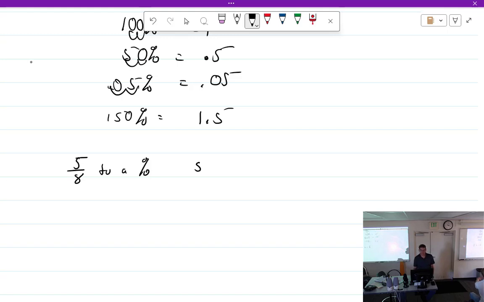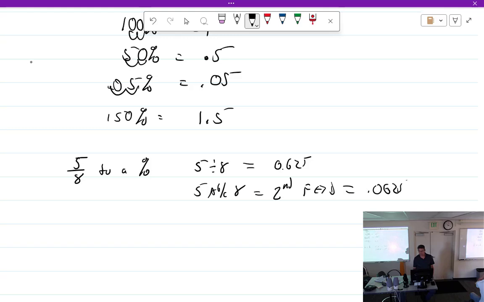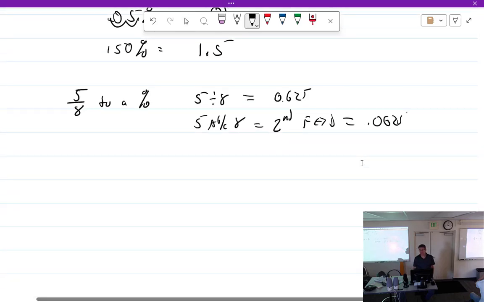You could do 5 divided by 8, or you could do it on the calculator with the fraction key. 5 divided by 8 would give you 0.625, and then change it to a percent, which way? 62.5%.